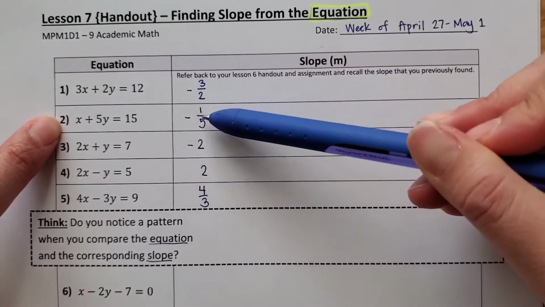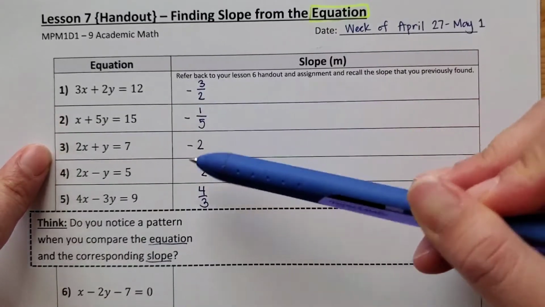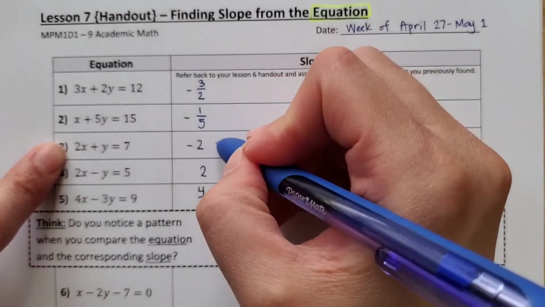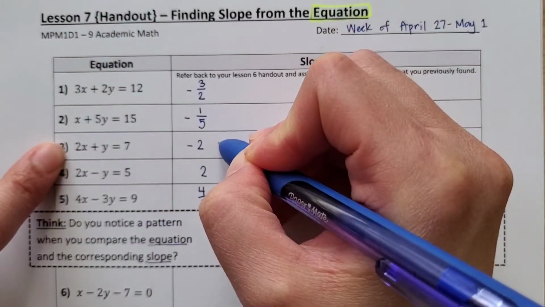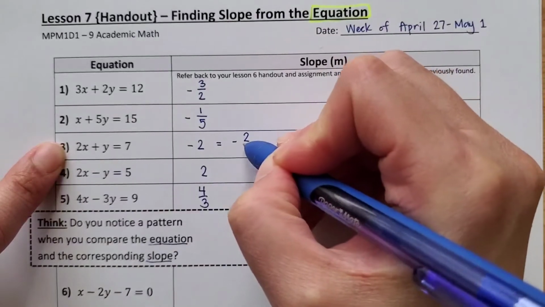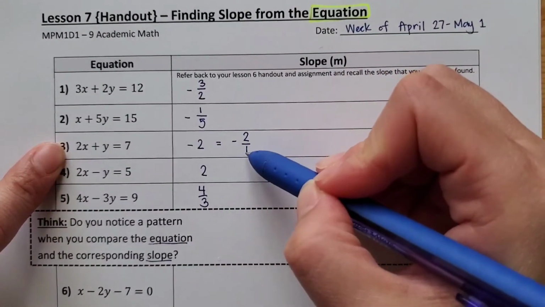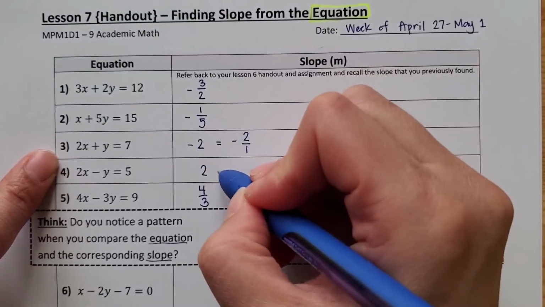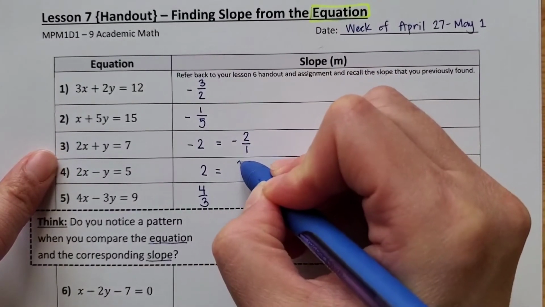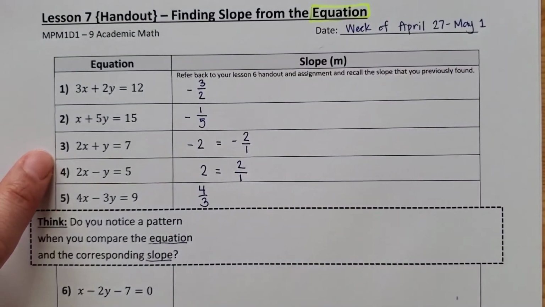So for number 2, -1/5 is the slope. We have here -2. If I were to write -2 as a fraction, how would I write it? It would be -2/1, just because -2 divided by 1 is equal to -2. Same thing here. I'm writing down how this would look as a fraction because it might help you see the pattern. Okay, so pause it now. Find the pattern.